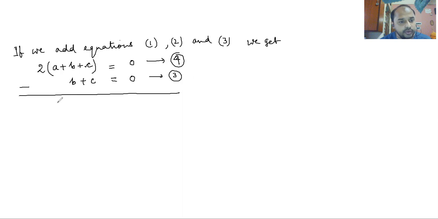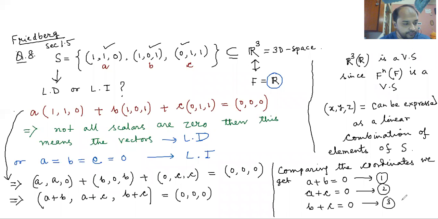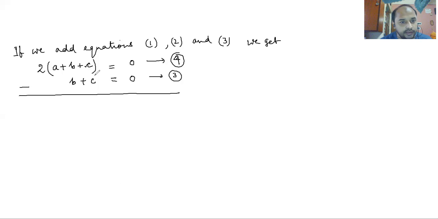Actually, I'm multiplying equation 3 by 2. If I do so, we find that this becomes twice a equal to 0, and this implies a is equal to 0.